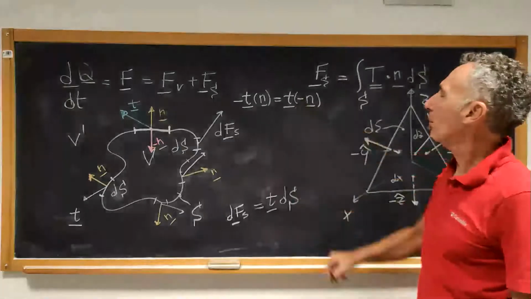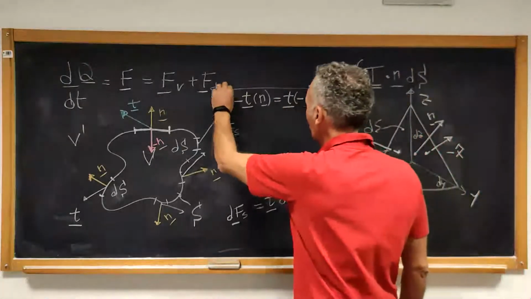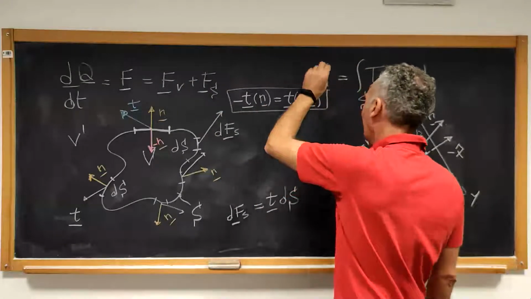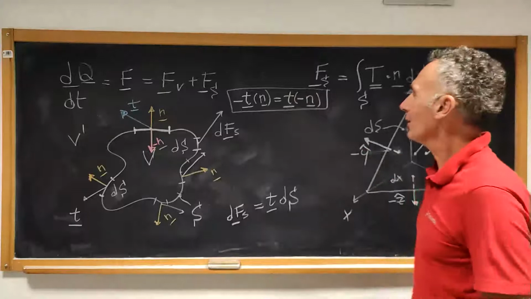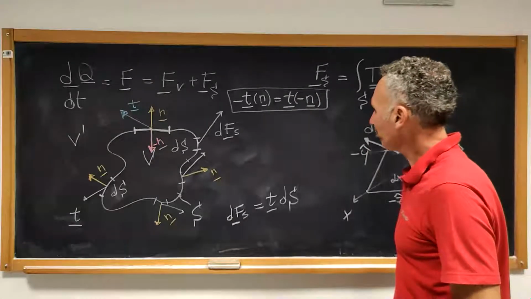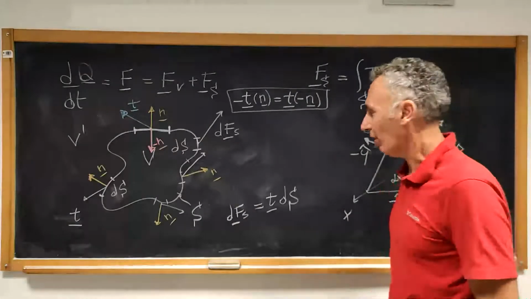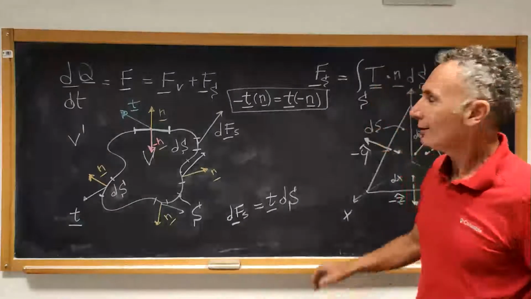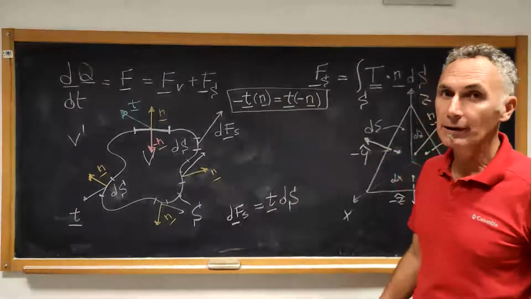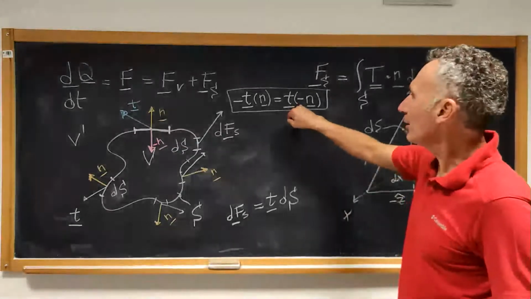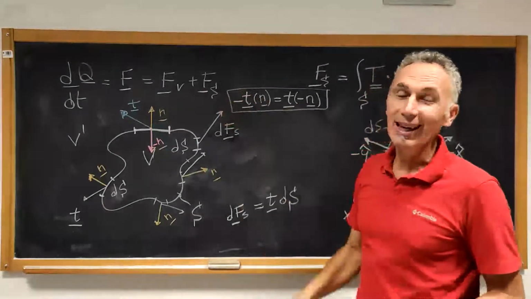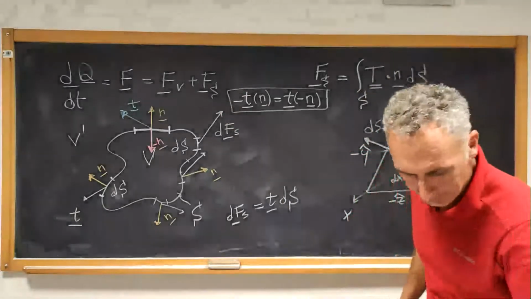And this is a very important observation. So the tension must be an odd function of the outward normal. If you like, this is nothing but Newton's third law of motion: for every action, we have an opposite and equal reaction.